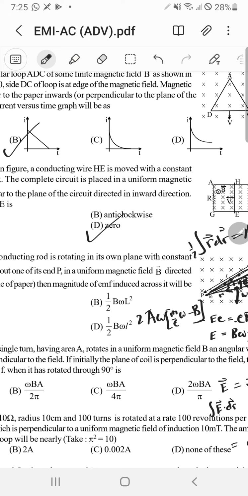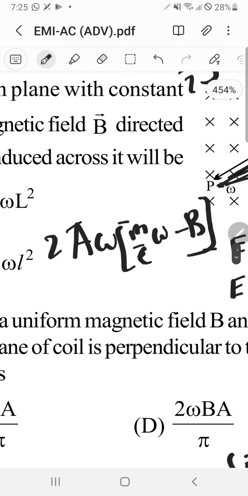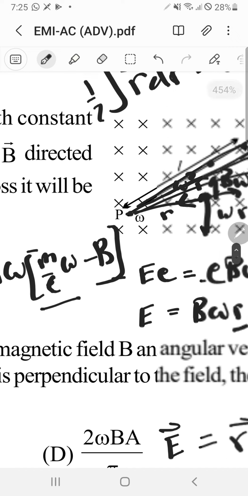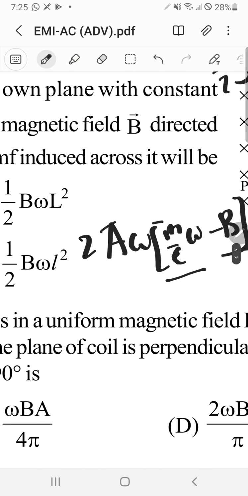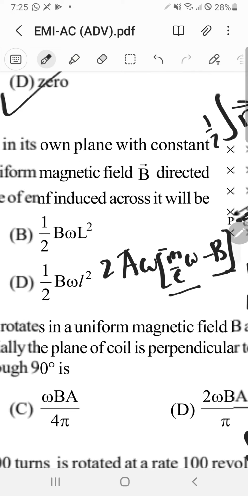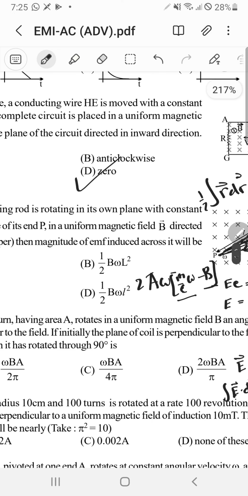Is omega pointing up or not? And we just want the magnitude. Ah no, what about all that stuff? This is bad, this is really bad.